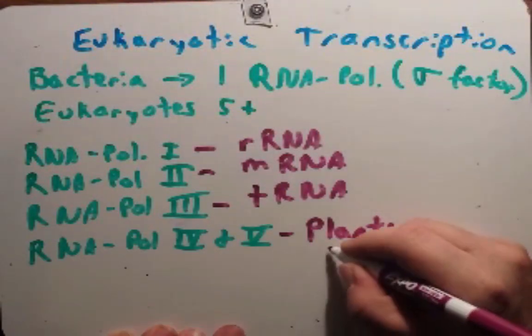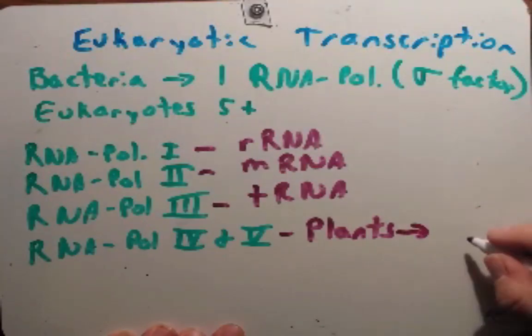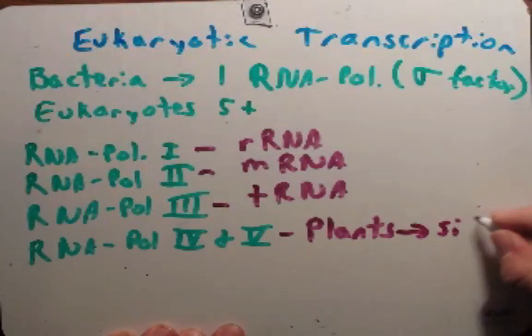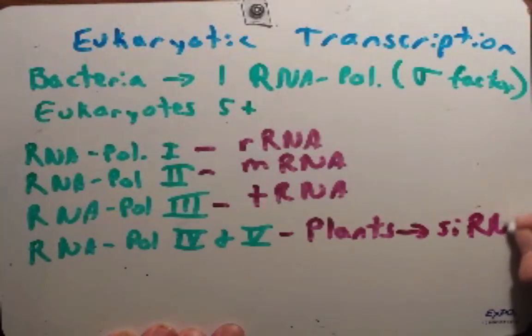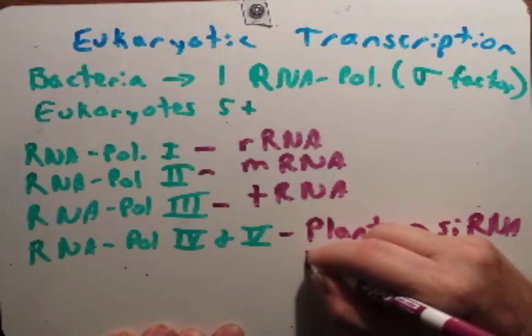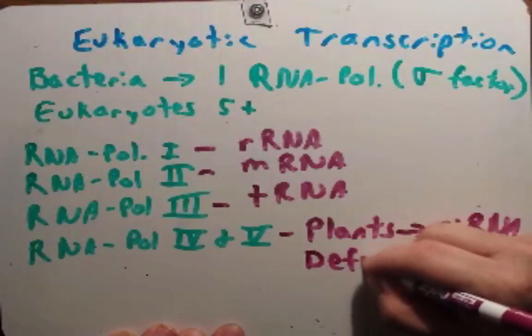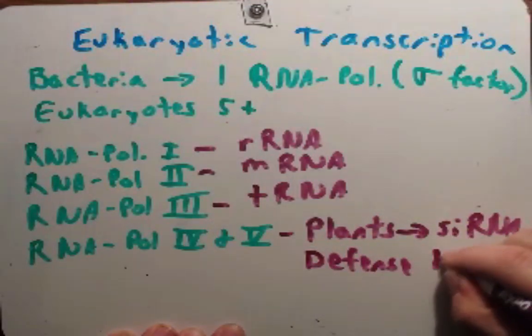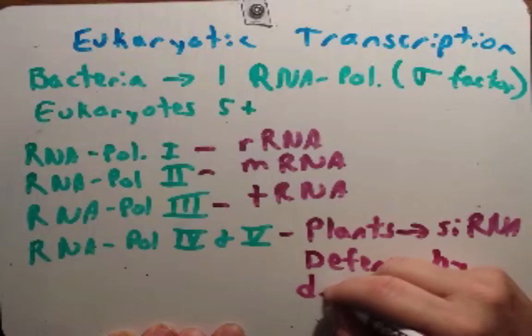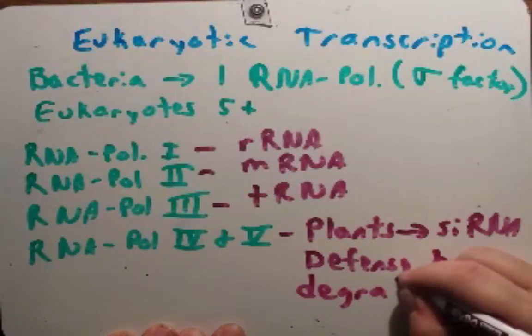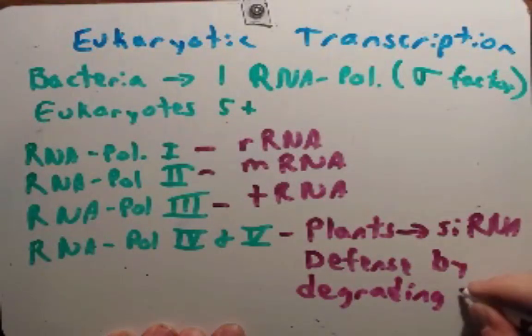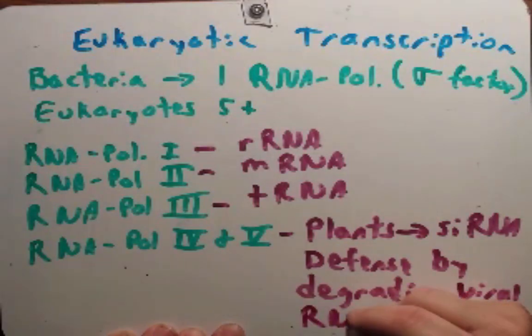These plant ones, I want to say just one quick thing about them, is they code for siRNA, these interfering RNA molecules. And their job is more of a defense, by degrading viral RNA.